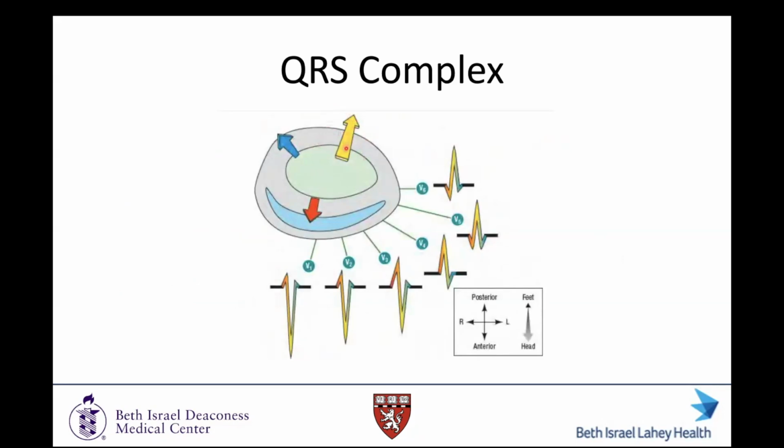So you can imagine that if this vector is pointing away from a lead, so for example, it's pointing away from V1 and V2, we expect to see predominantly negative deflections, which is what we see in our early leads. And then in our later leads, where this vector is now pointing towards, we see more positive deflections. And so this is the concept of why we expect to see R wave progression as we're going through our anterior septal leads. And understanding this will be helpful when we're talking about LVH and RVH.